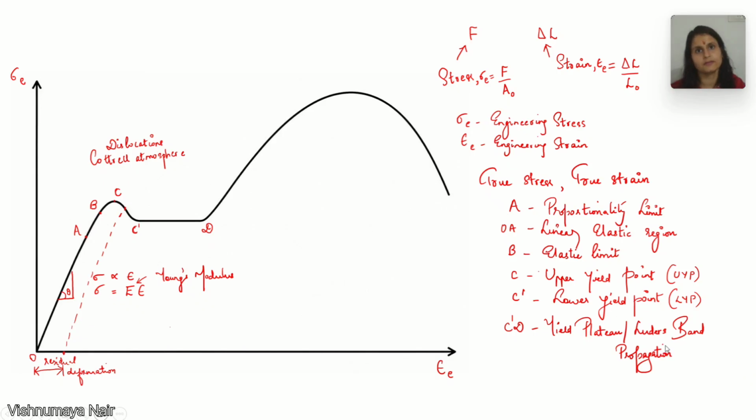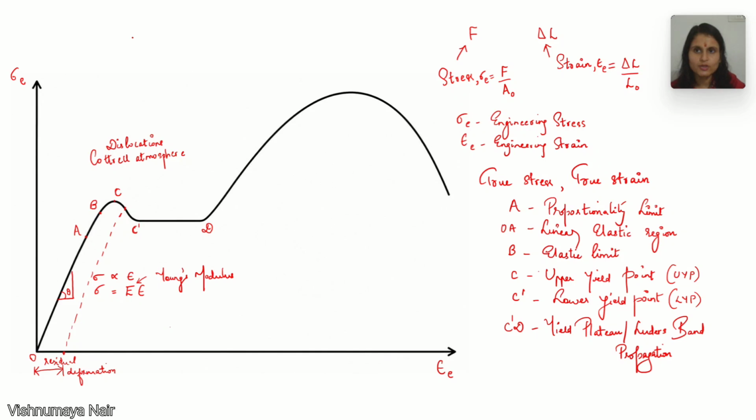So what's happening here? The plastic deformation doesn't occur uniformly throughout the entire specimen at first. Instead, localized regions of plastic deformation start to develop in the form of bands, and those bands are known as Luder's bands. So Luder's bands can be thought of as regions where the material has already yielded and the plastic deformation is propagating through the gauge length.